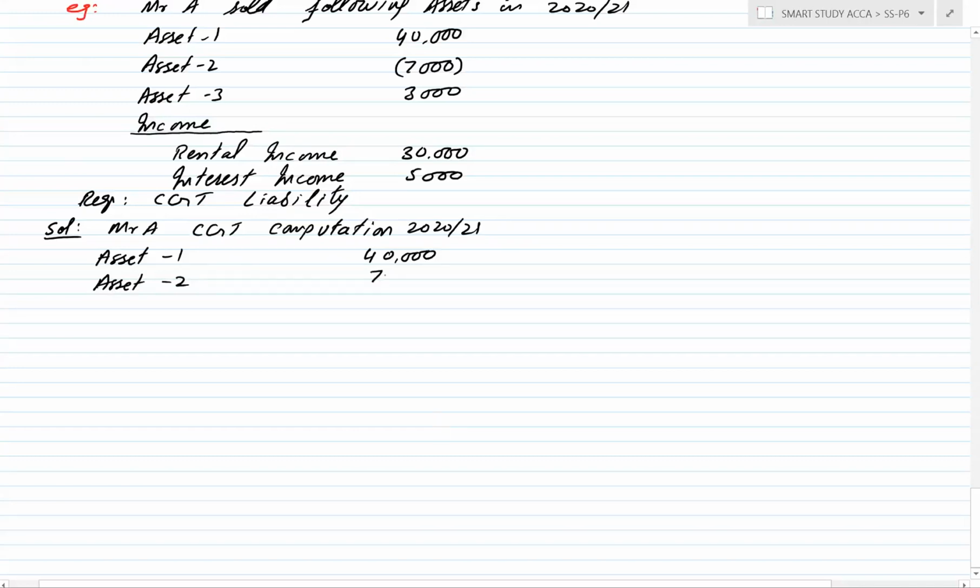On asset 2, we have a loss of 7,000 pounds. And on asset 3, we have a gain of 3,000 pounds. So 36,000 if I'm not wrong. Net chargeable gain is 36,000.